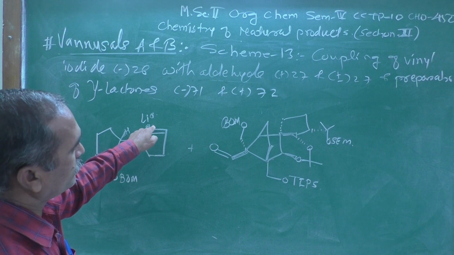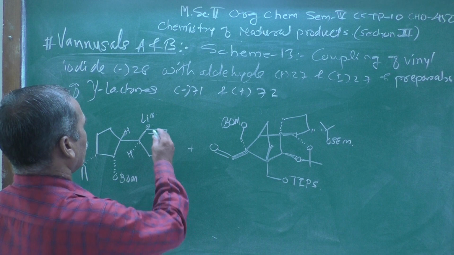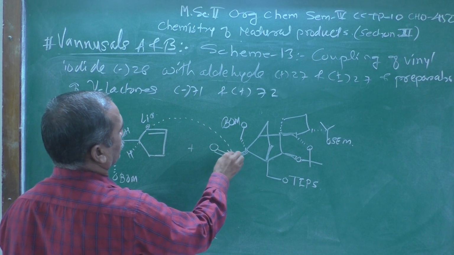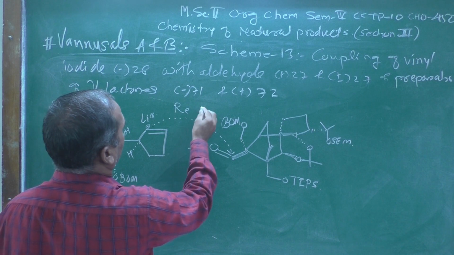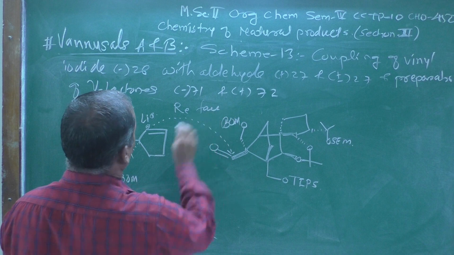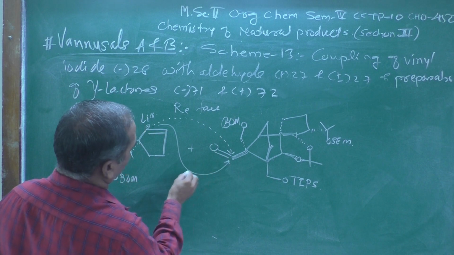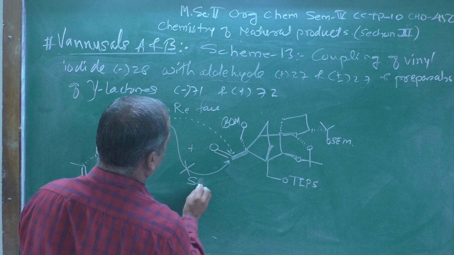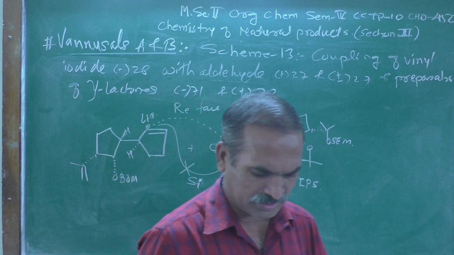This nucleophile can attack; this carbonyl has two faces. So let me show one face, this one. This is the re face, and another one which I am showing from this side, this is not possible, this is the si face. This is the re face and this is the si face.